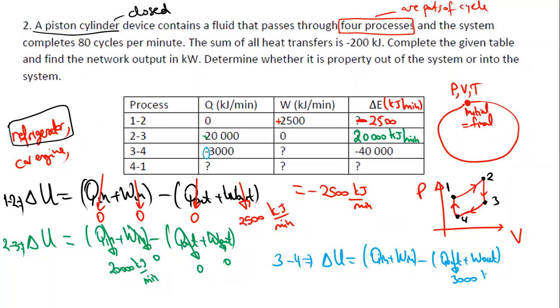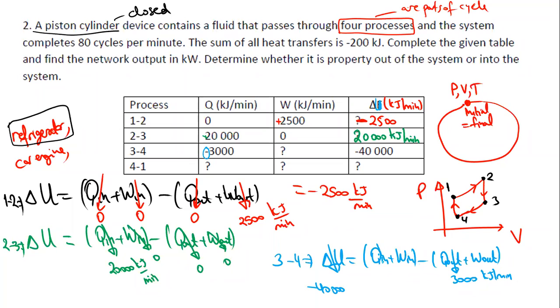You see, I don't play with the units here again. When I say Q out, it should always be positive. But when I say negative Q, it means that it is out. And the work term should be determined, and delta U, or delta E, this one is delta U, actually it doesn't matter, is negative 40,000 kilojoules per minute.